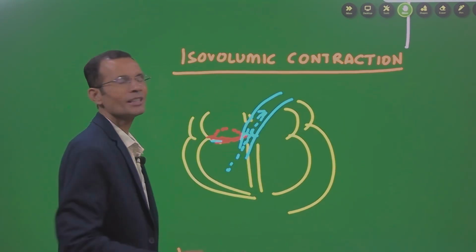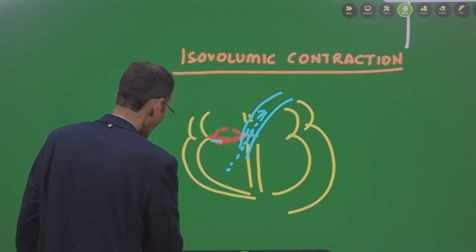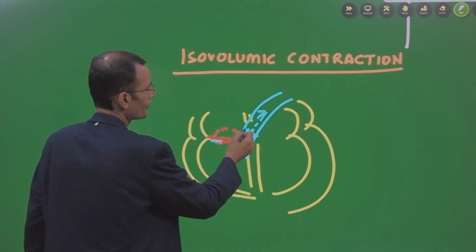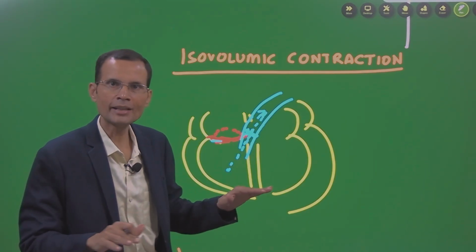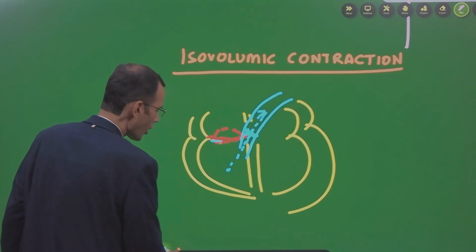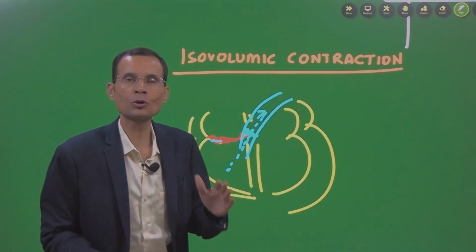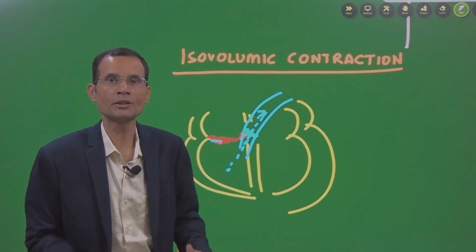What happens during isovolumic relaxation? The pulmonary valve closes, ejection has ended, so pulmonary valve will close, but now the tricuspid valve is also closed. It has not yet opened.